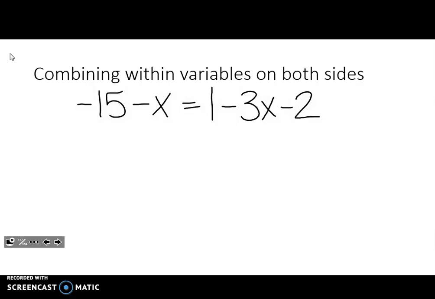So our first step is to draw the fence down our equal sign. On the left side over here, I'm going to add a 1 in between that negative and that x. I can't put the negative 15 and the negative 1x together, so I'm just going to rewrite them.